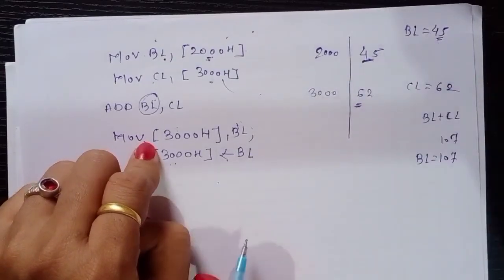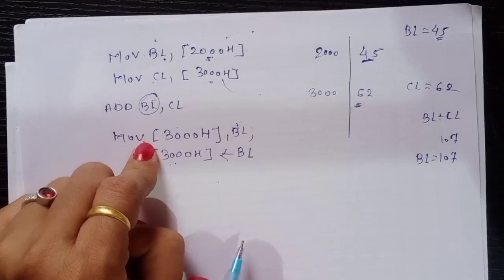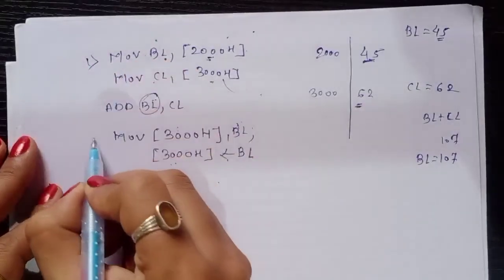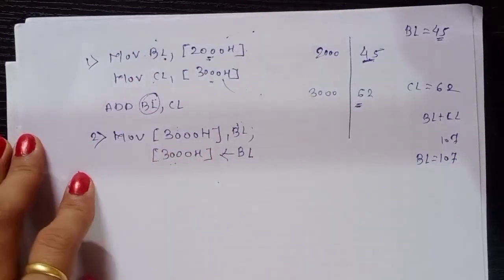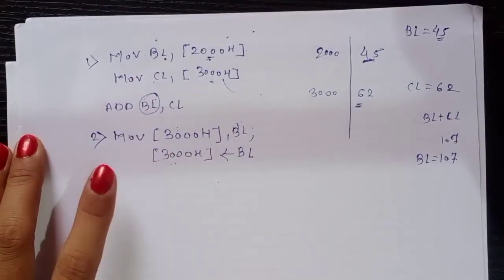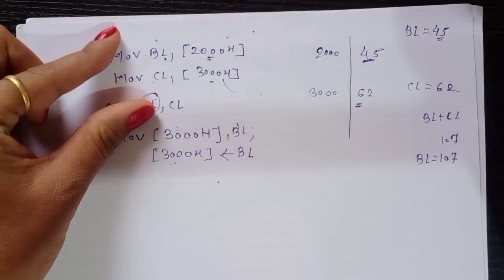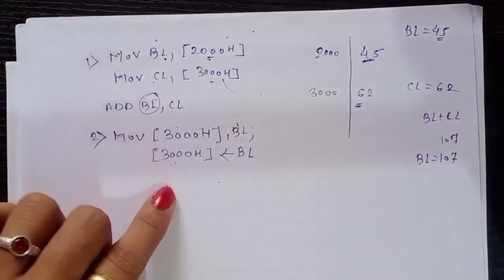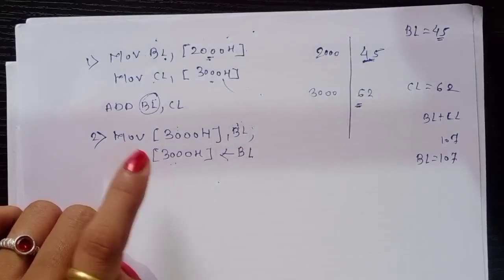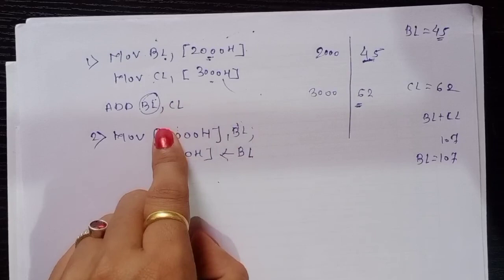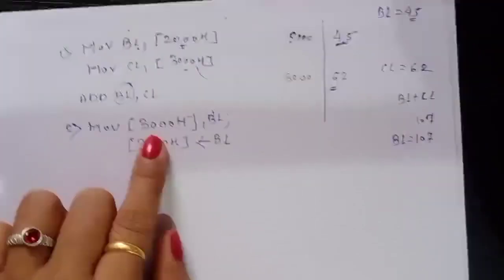Initially your BL was 45. Now let's look at another example. After completion of these three instructions, if we perform the next instruction, which transfers the contents of BL to the memory location 3000, what will happen?